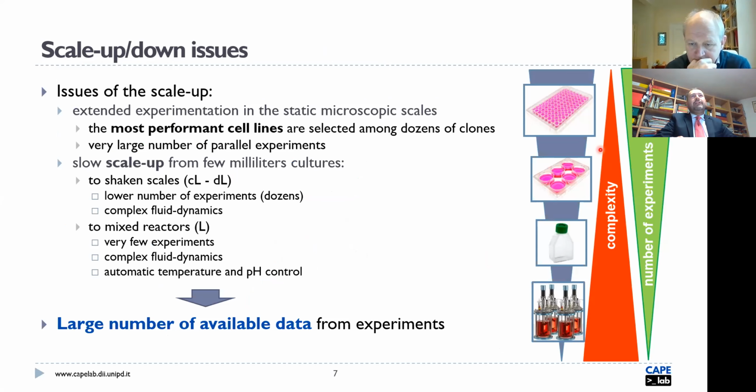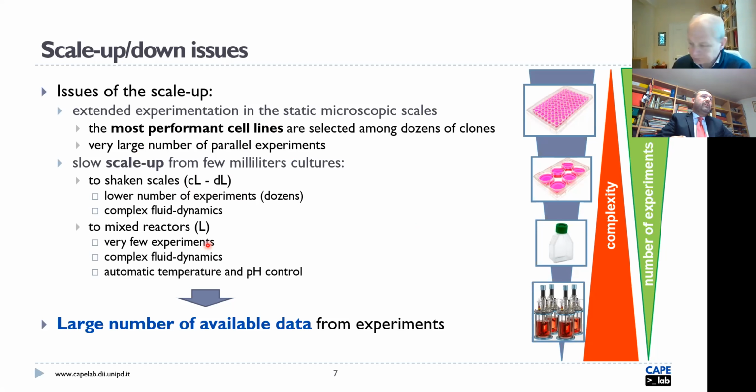The experimentation begins with high throughput experiments. They typically are held at microscopic scales, where a lot of parallel experiments can be carried out with relatively low complexity. Then, when we pass to the centiliter and deciliter scale, the complexity increases and the number of experiments unfortunately decreases.